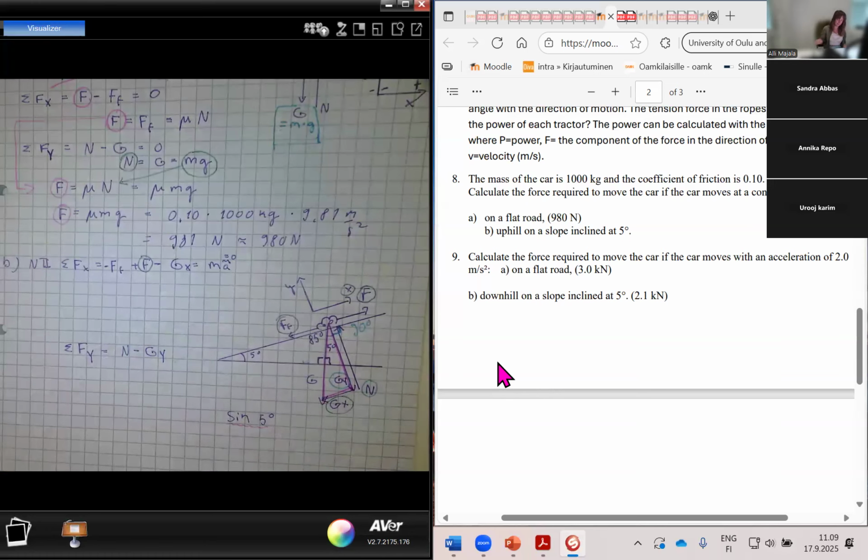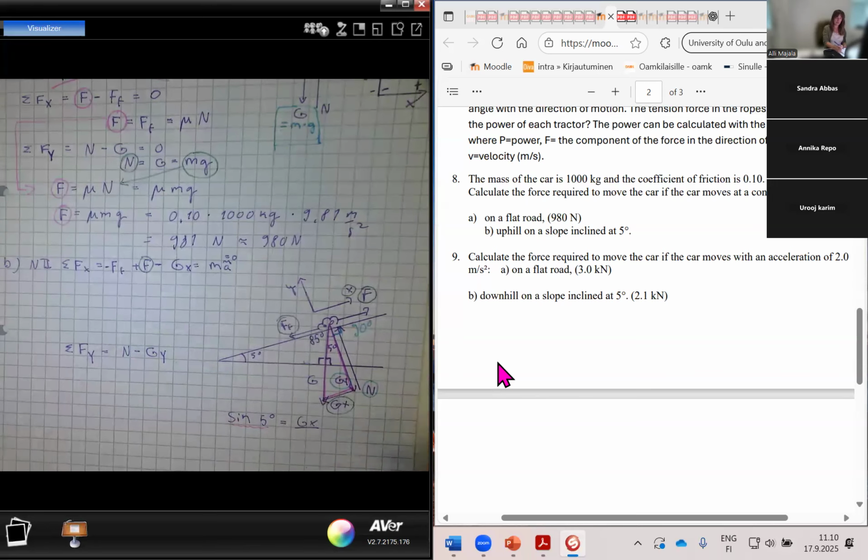The sin is always the opposite over the hypotenuse. So gx divided by g, where g is 9.8. Yes. From there I can figure out the gx.